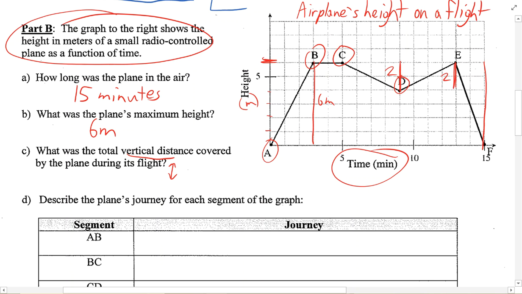And then from E to the ground, it went down 1, 2, 3, 4, 5, 6 meters. So altogether, it traveled 6 plus 2 plus 2 plus 6. It doesn't matter that it went down. We won't treat that as a negative number because it just wants to know the distance covered, okay? And so altogether then that would be 12 plus 4, 16 meters up and down that the plane changed vertical distance.